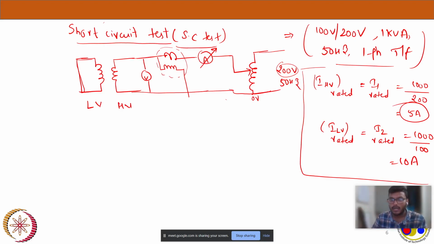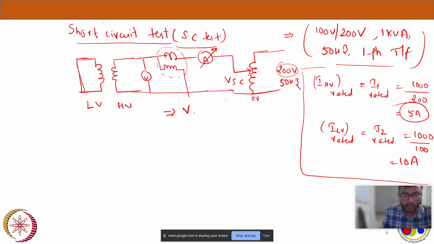Practically we can go 5%, 10% above the rated current, but we are just going till our rated 5 amps. So till my ammeter here reaches 5 amps, I will turn my auto transformer. Now let's say that voltage is VSC.